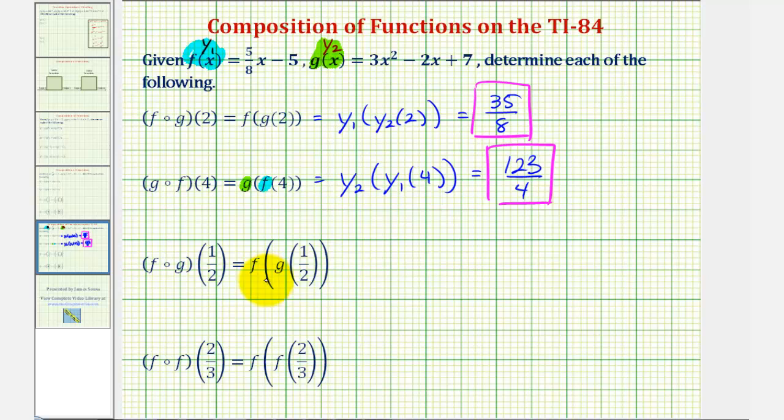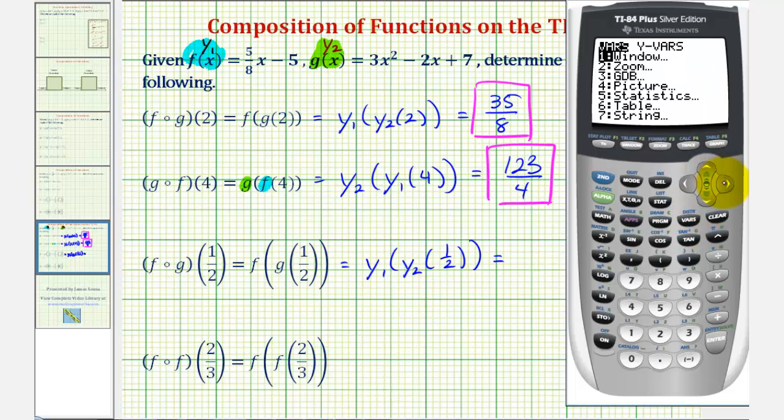Next we have f of g of 1/2, which would be y sub 1 of y sub 2 of 1/2. So vars, right arrow, enter, y sub 1 is already highlighted, enter, open parenthesis, now we want y sub 2, vars, right arrow, enter, select y sub 2, open parenthesis, 1/2 as 1 divided by 2, close parenthesis, and enter.